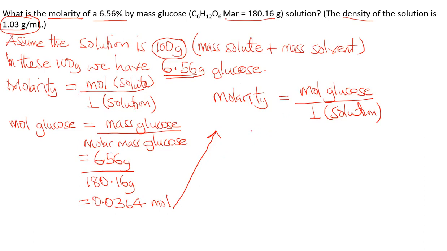So our volume will be given by mass divided by density, which is 100 grams divided by 1.03 grams per milliliter.